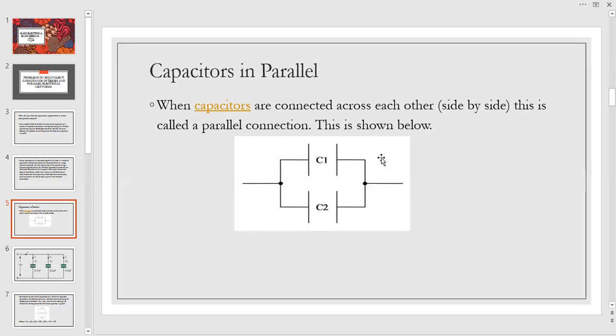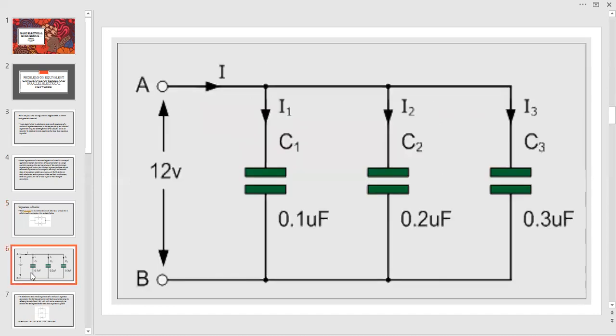This is the capacitor in parallel connection. The capacitors are connected in parallel.